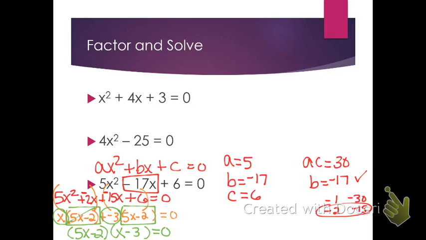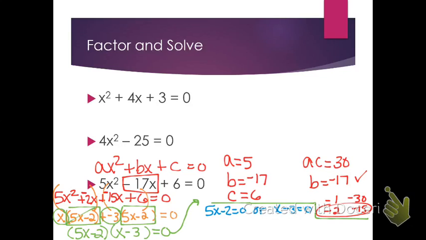I have two values multiplied together that equal 0, which means one of them must be 0. So either the 5x minus 2 equals 0 or the x minus 3 equals 0. And I'll solve both of those with inverse operations.